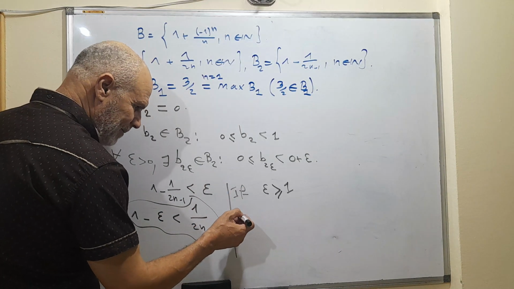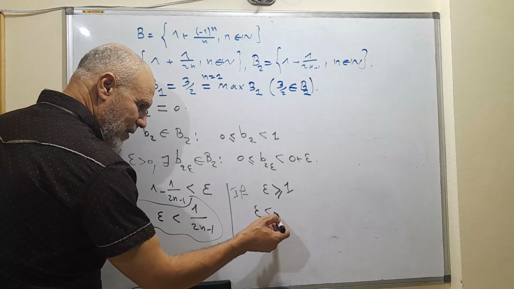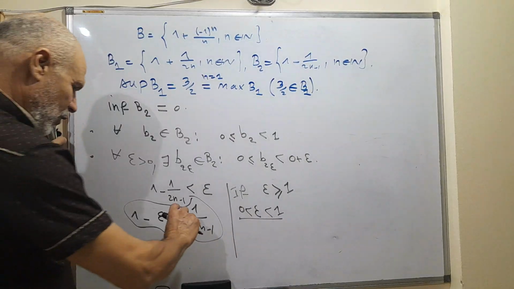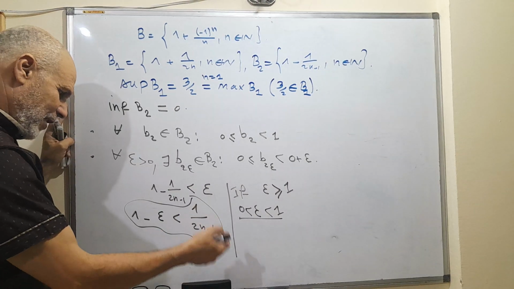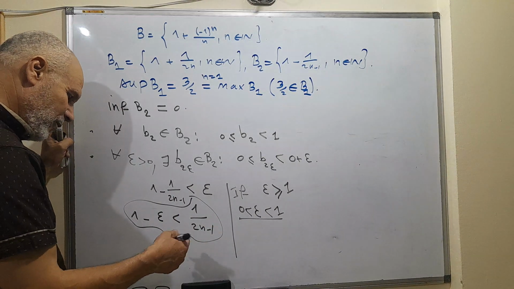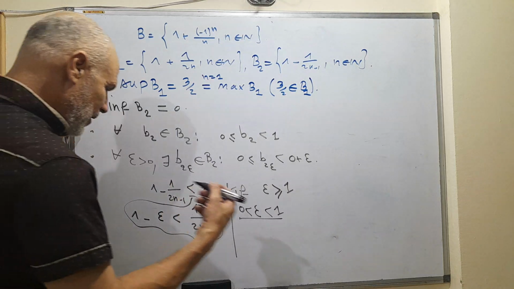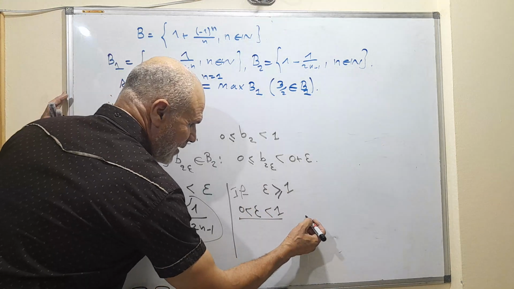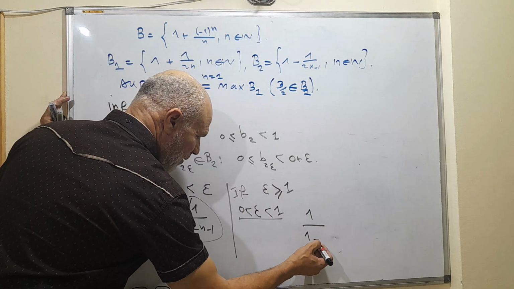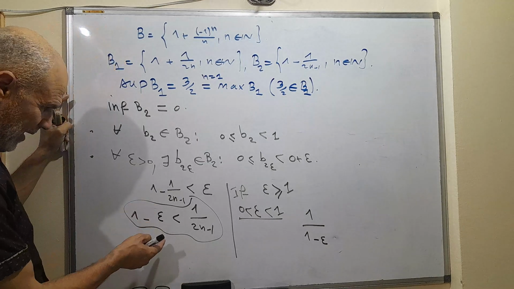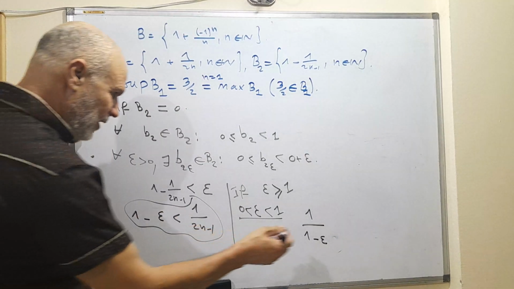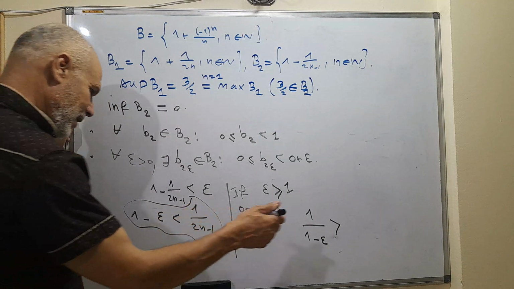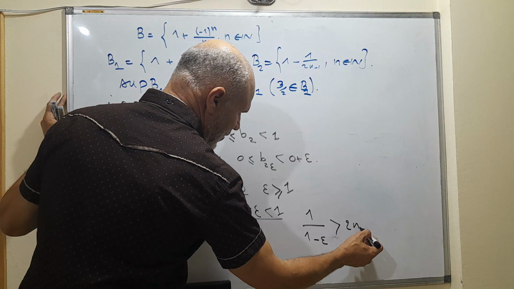Suppose that epsilon is less than 1 and greater than 0. In this case, we can take the inverse. If we take the inverse, what we will get is 1 over 1 minus epsilon greater than 2n minus 1.